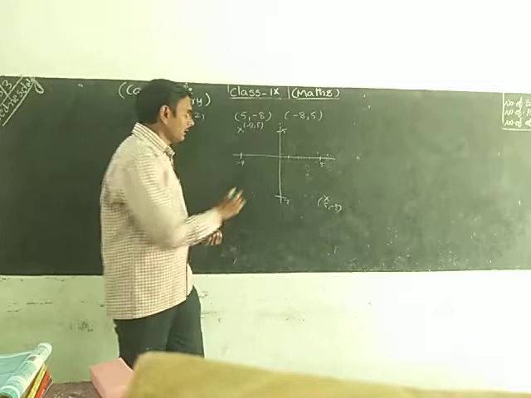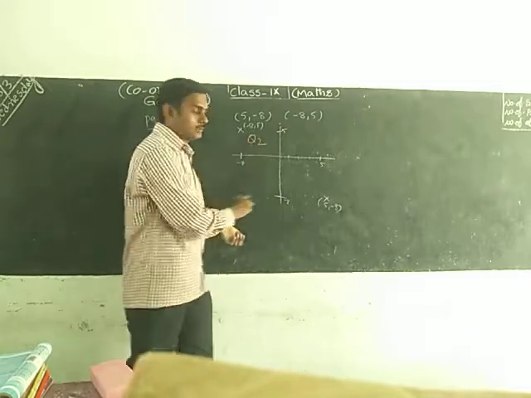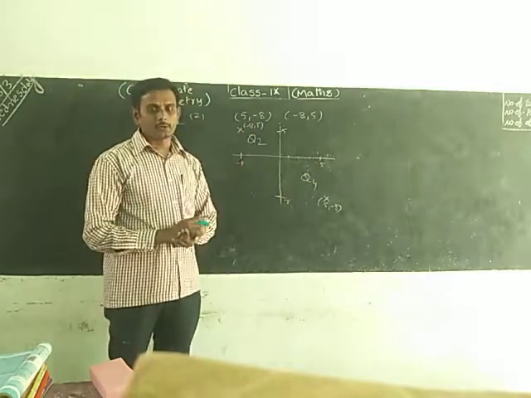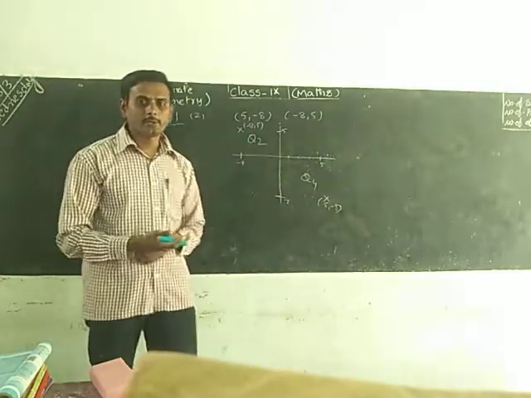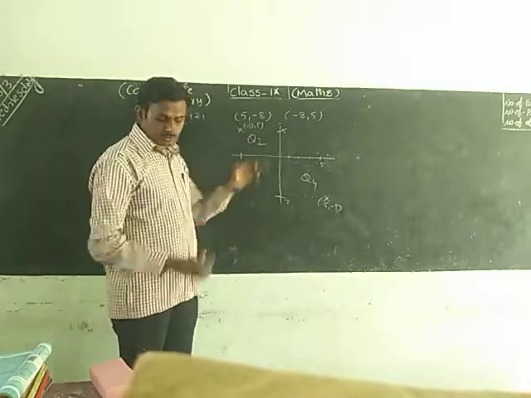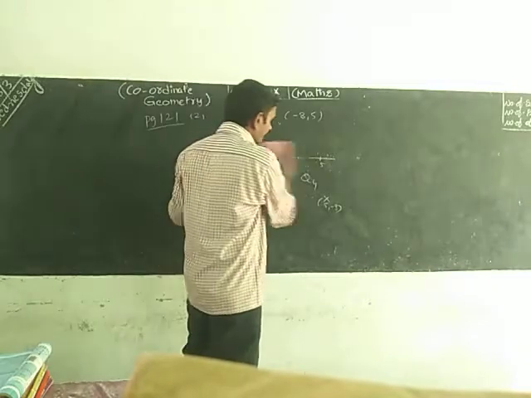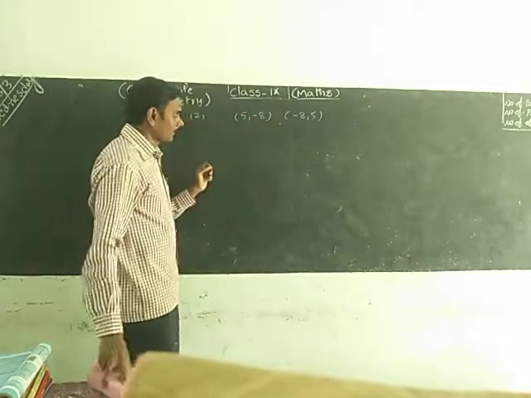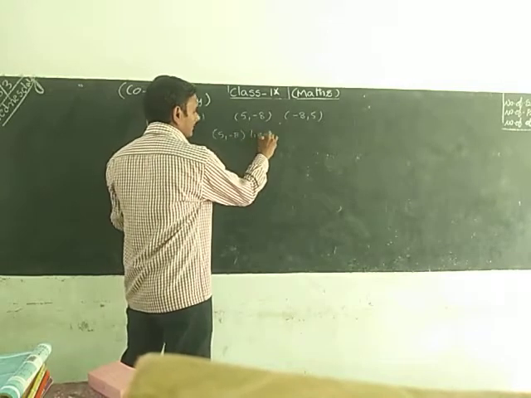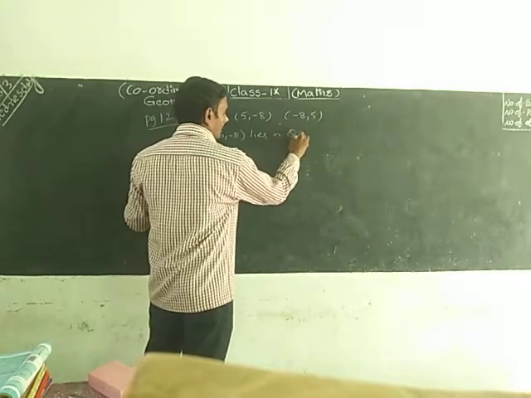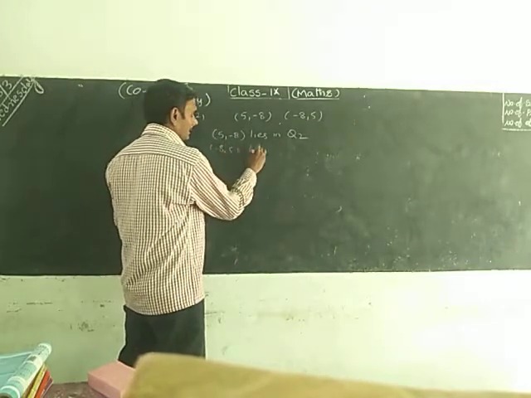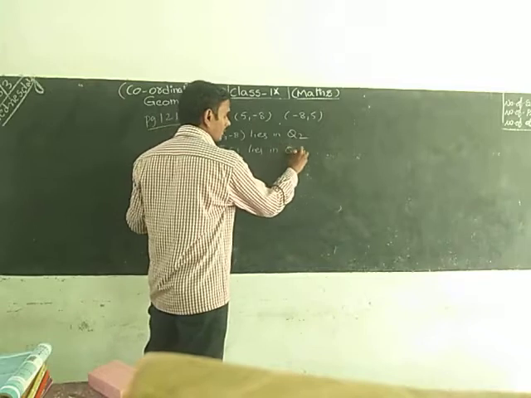No. This point lies in Q2. This point lies in Q4. Both are in different quadrants, which means they are not in the same position. How can we write this answer? 5 comma minus 8 lies in Q4, and minus 8 comma 5 lies in Q2.